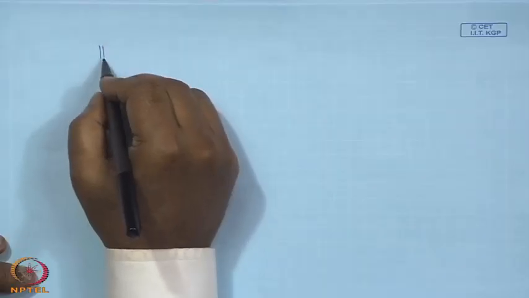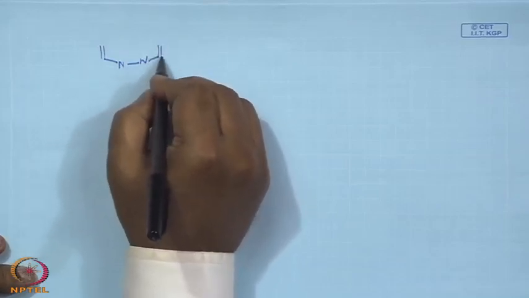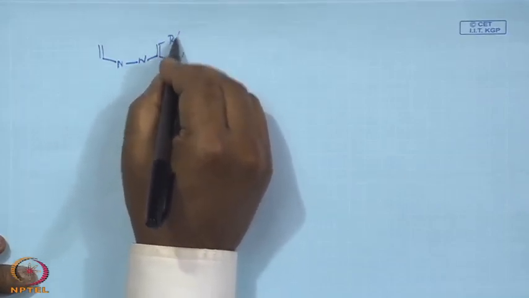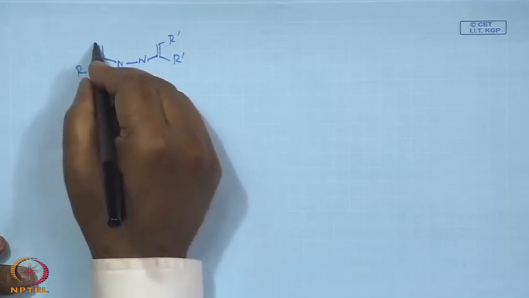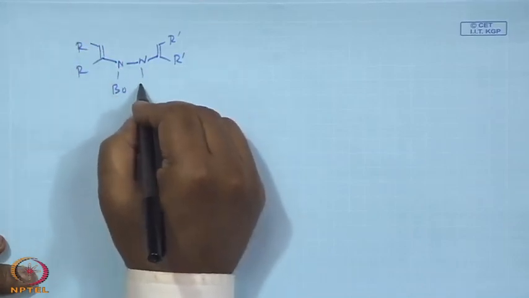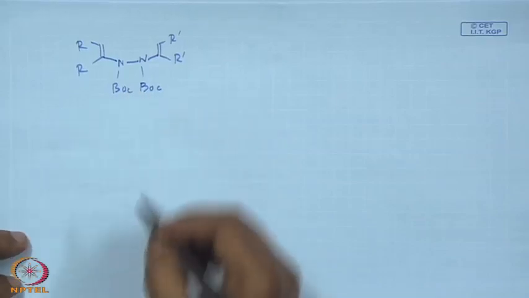There are other molecules. In fact, very recently, just in 2009 or so, there is a paper in Organic Letters, and what they have done, they have taken a very similar compound, but in this case both the R primes are on one side, and both the R's are on the other side, and the Boc derivative, tertiary butoxycarbonyl.